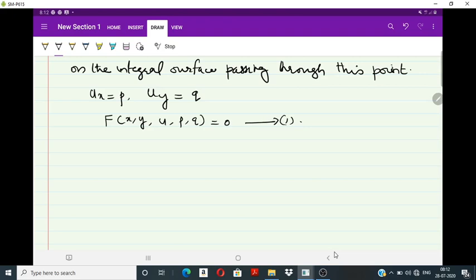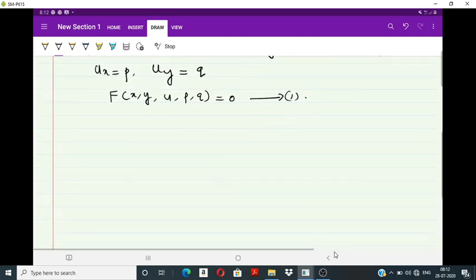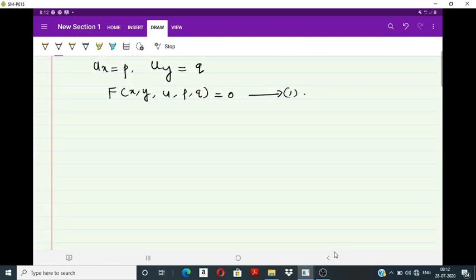So we have to find the slope of a curve, that is the characteristic, which passes through the point x naught, y naught, u naught on the integral surface. For that, first we consider the tangent plane.